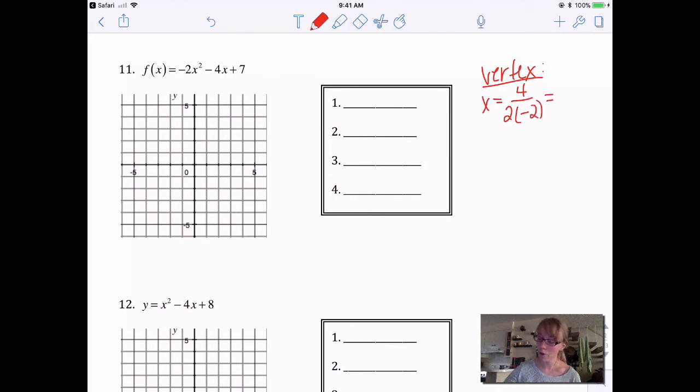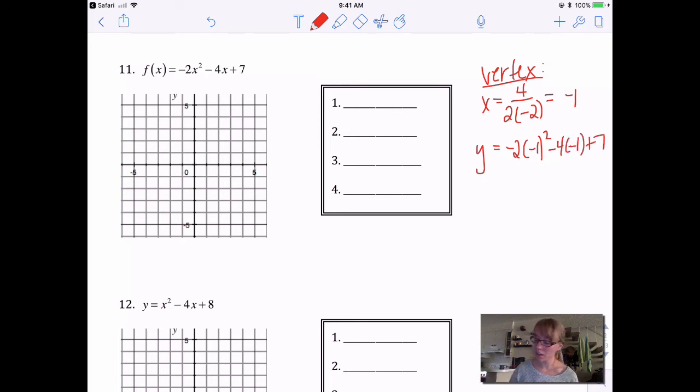So 4 over -4 is -1, and then I can plug in for y. So y is -2 times -1 squared minus 4 times -1 plus 7.